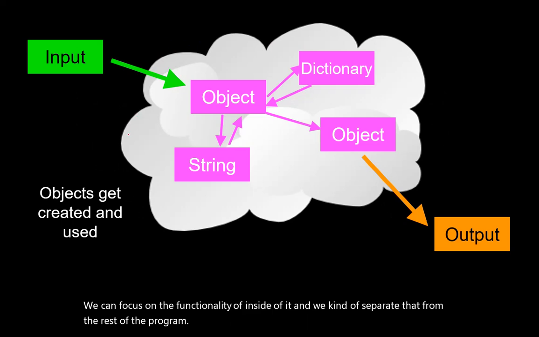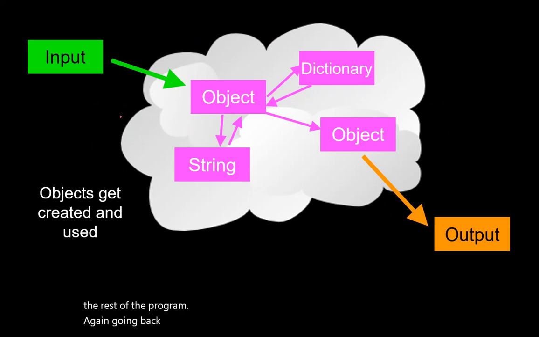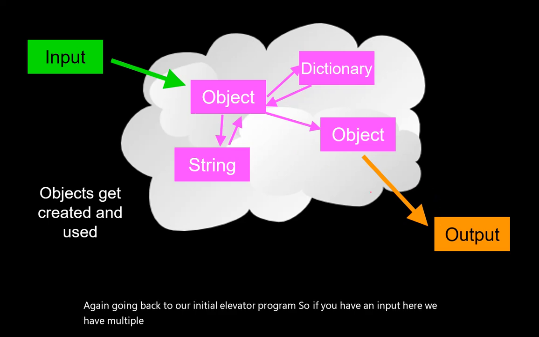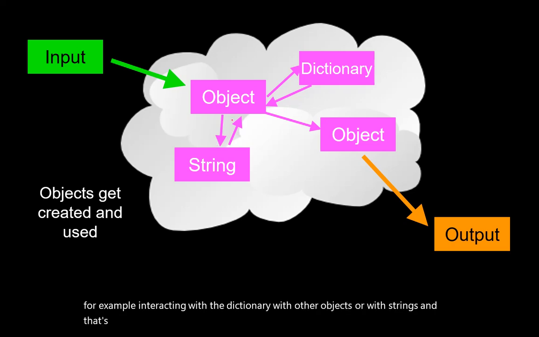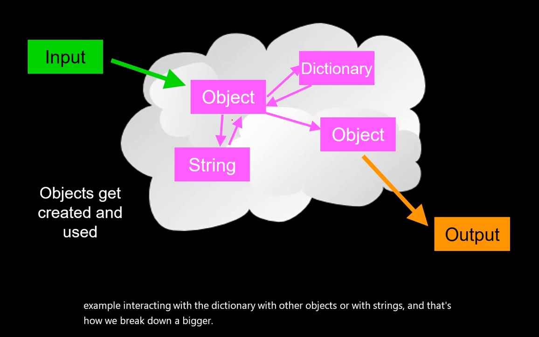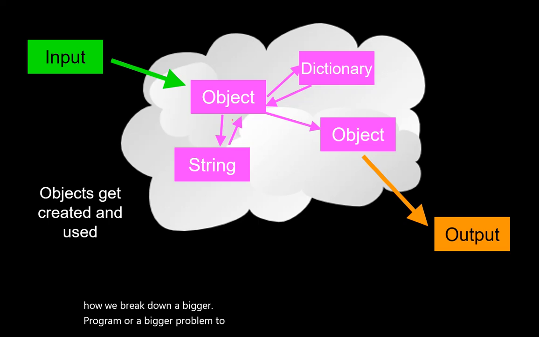Again, going back to our initial elevator program, we have an input, here we have multiple objects, and we have an output. Within our program, we have an object, for example, interacting with the dictionary, with other objects, or with strings, and that's how we break down a bigger program or a bigger problem into more manageable chunks.